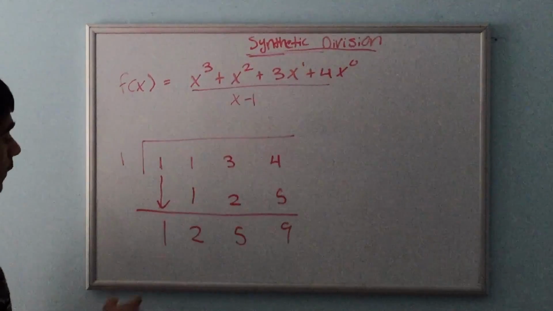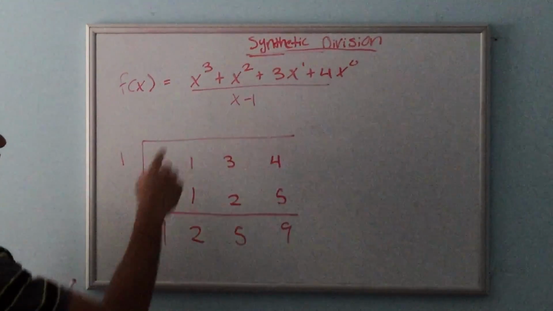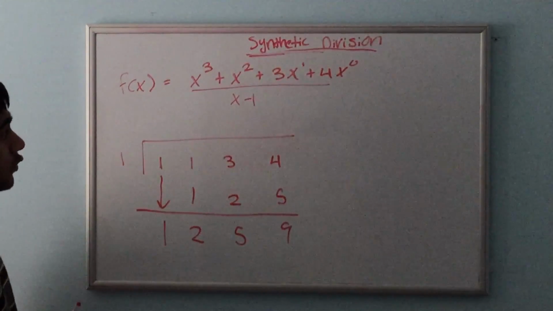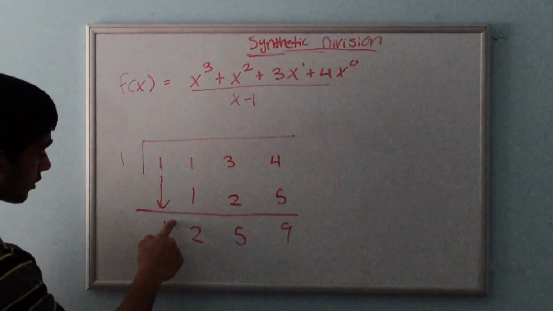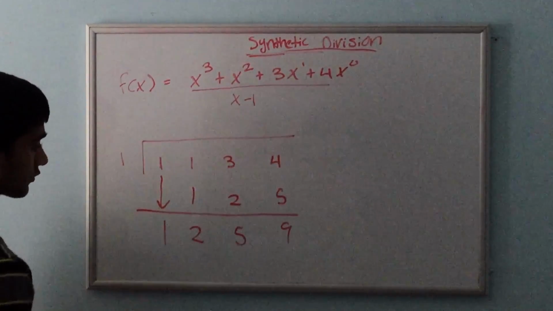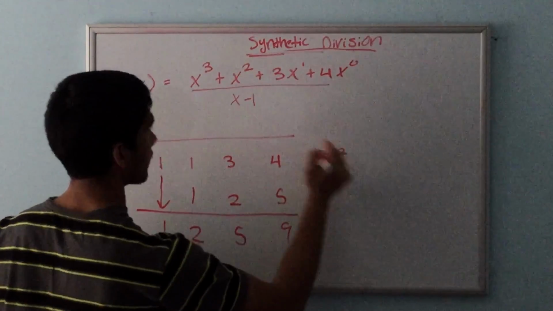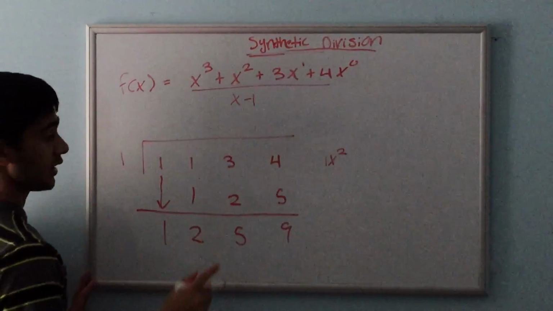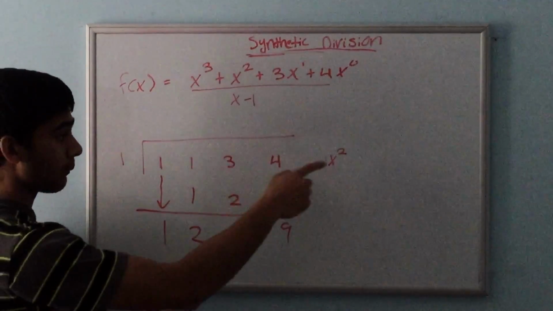Notice that how I figured out what power variable this was by simply dividing the highest power in the numerator by the highest power in the denominator. And that's all you need to do to determine what variable power this is going to be in front of. So the answer to this would be 1x squared, since x cubed over x is x squared, and the rest of them just descend one by one after that.